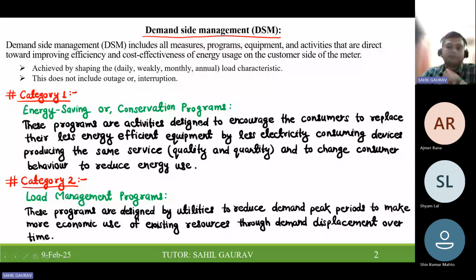Now, what are the means by which demand side management happens? There are 5 types. The first one is peak saving or peak clipping. In this, we are reducing the peak demand.